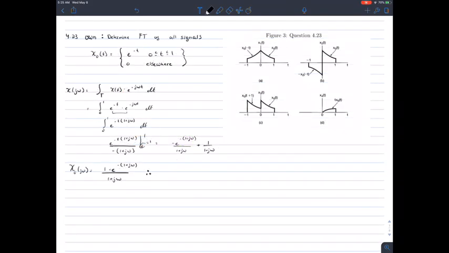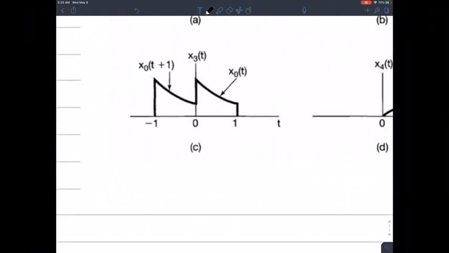Alright, so now we are doing part C of 4.23, determining the Fourier transform of the signal. So, in the other 2 videos, we had already determined the x0 Fourier transform. So now we need to determine the Fourier transform of this signal.